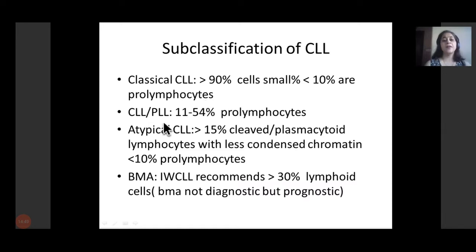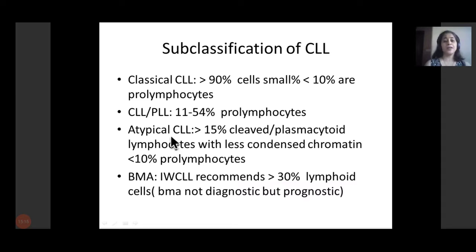Whereas in CLL/PLL, you get the admixture of both the cells, but the prolymphocytes are less than 55%, ranging from 11 to 54%. Then we have pure PLL, which is prolymphocytic leukemia, where the prolymphocytes are more than 55% and has got intermediate prognosis compared to CLL.